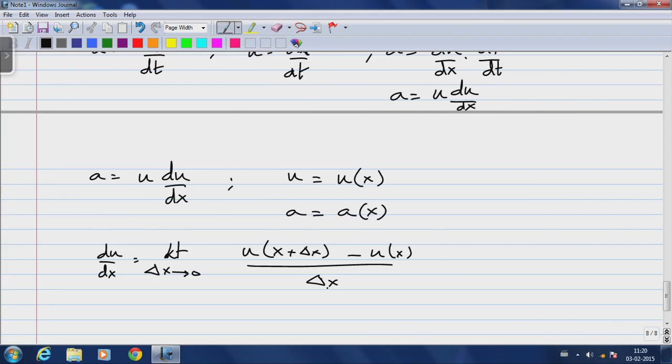So, this idea of making observations at two stations x and x plus delta x, and as the distance spacing between these two stations becomes smaller and smaller, our estimate of du/dx, not the acceleration, du/dx converges to a number, and that number multiplied by the instantaneous velocity u at that x location gives us the acceleration.